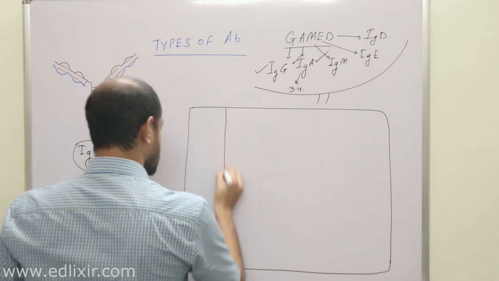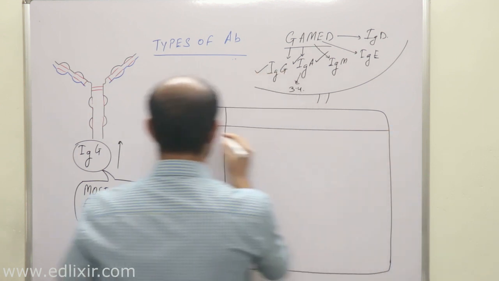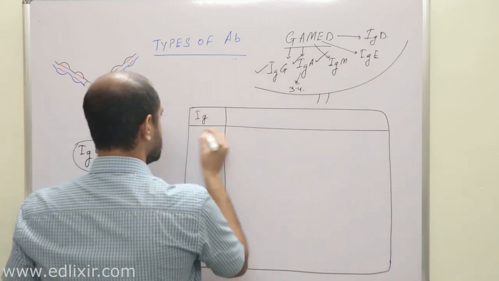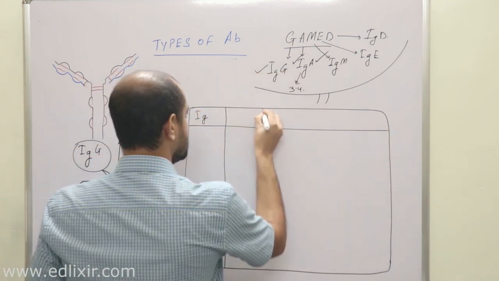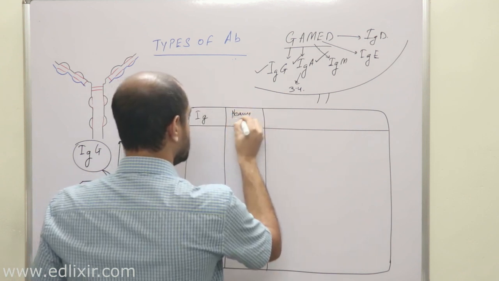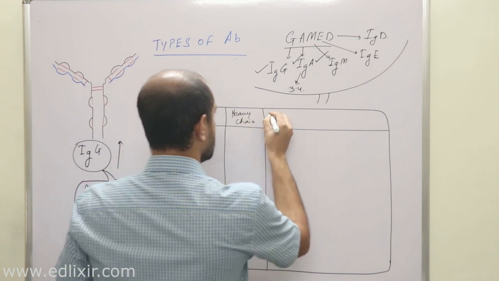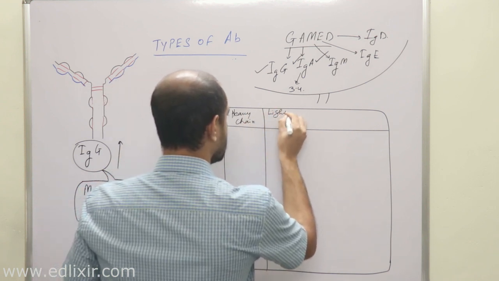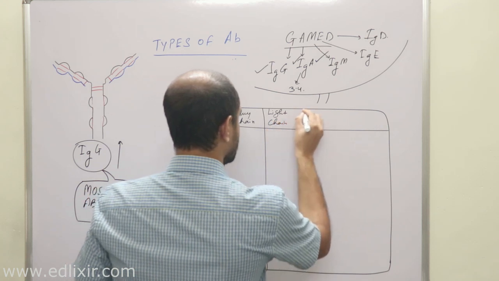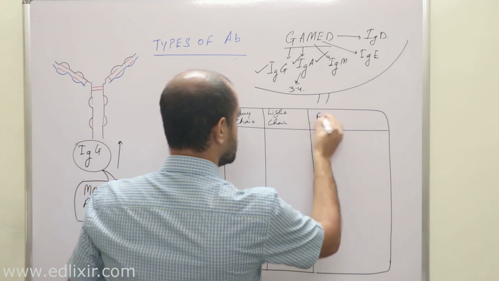So this is your Ig, this is your heavy chain, this is your light chain, this is your function.